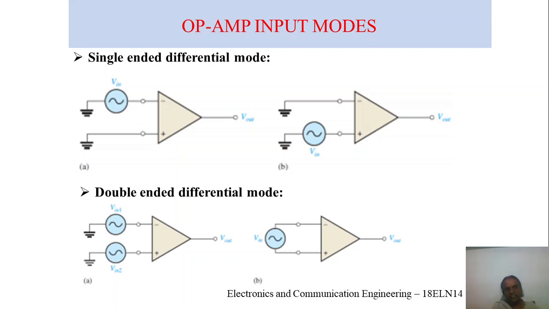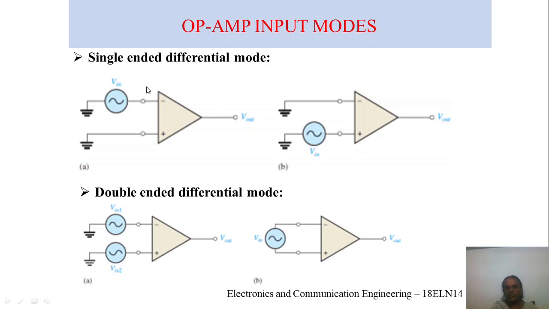Next, continuing the op-amp input modes, in the single-ended differential mode, it is the same thing, just with the representation of a signal generator, where I can give my input voltage. The positive of the signal generator should go to the op-amp and the negative should be grounded.